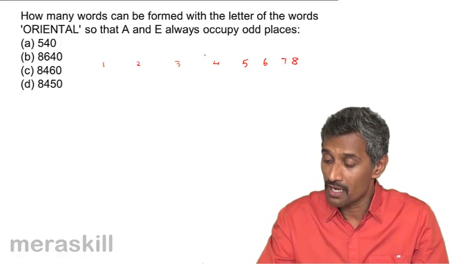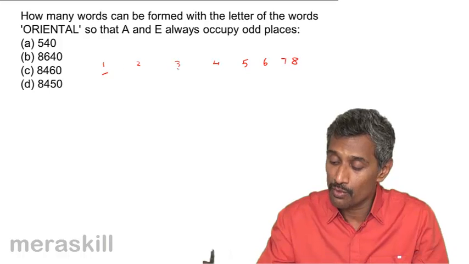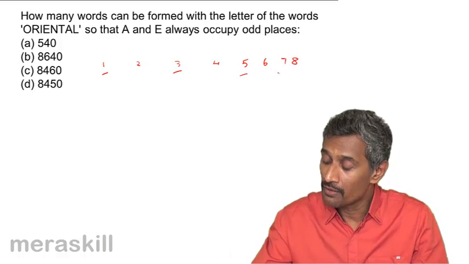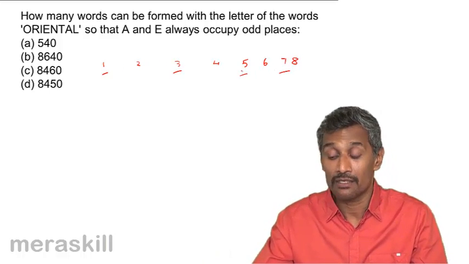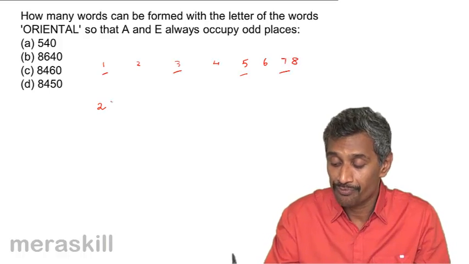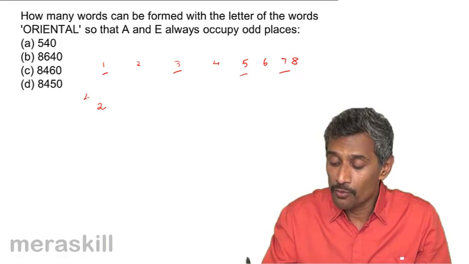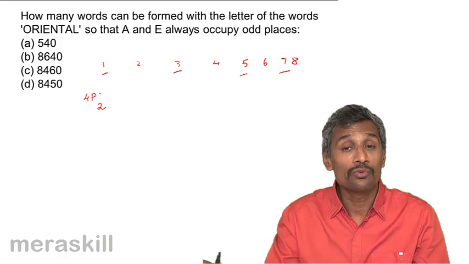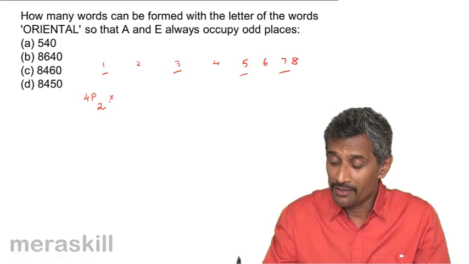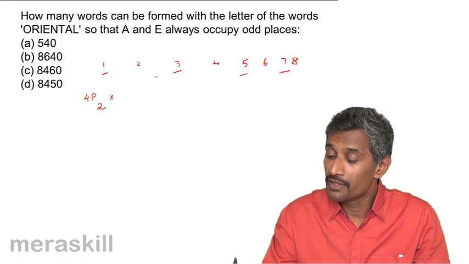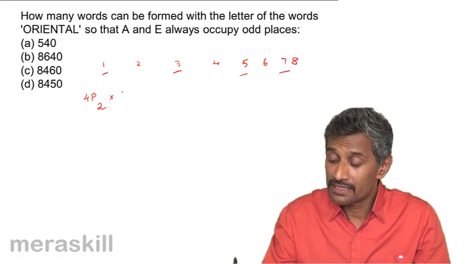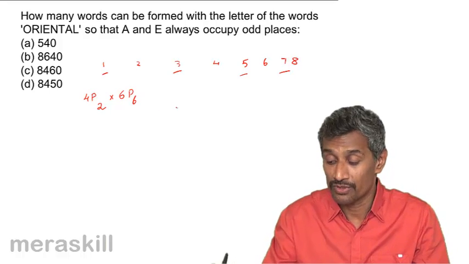So the odd places are 1, 2, 3, 4. So A and E, the 2 of them, are going to occupy 4 places, hence in 4p2 ways, and 2 of them have gone. The remaining 6 will be occupying in 6p6 ways or 6 factorial ways.